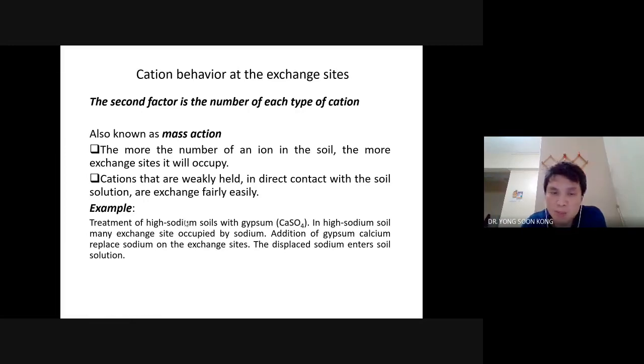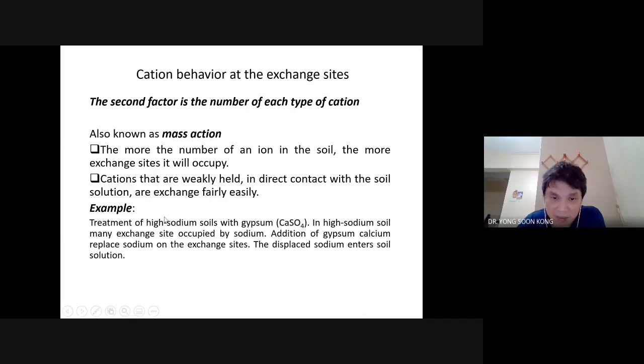So actually this movement is a cation exchange process. However, this process is made possible due to Le Chatelier's principle, because we suddenly increase the concentration of calcium. Because of that, this calcium can go in and replace the sodium in the soil.